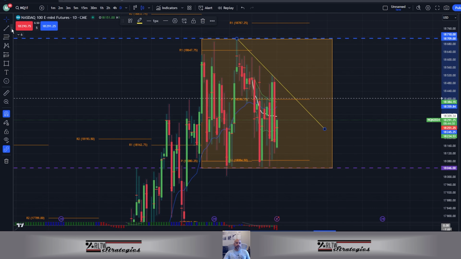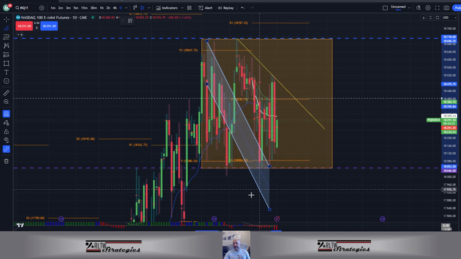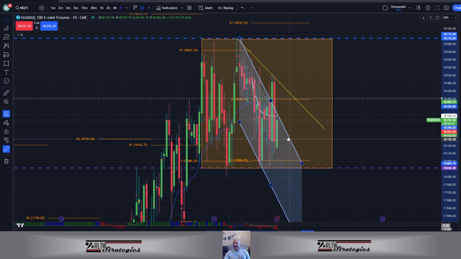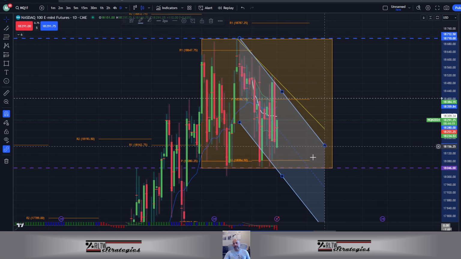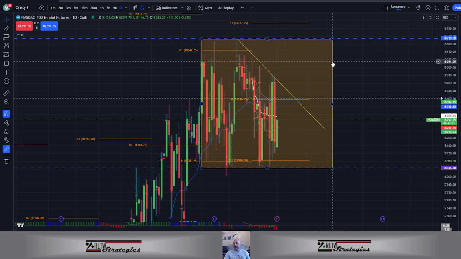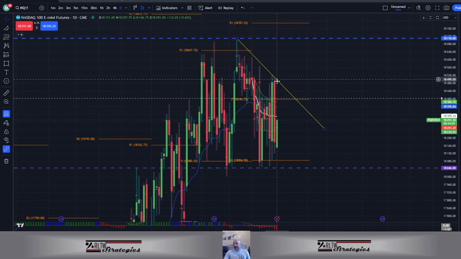You can't really see it, but we have this parallel channel, and it's kind of similar to this channel. So we may come back down to this purple line and bounce back up. So that's something to watch out for, something to look forward to.